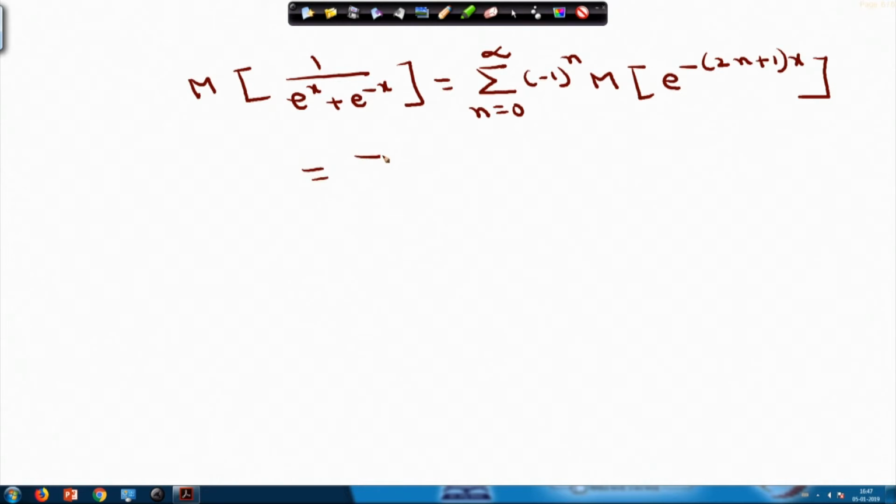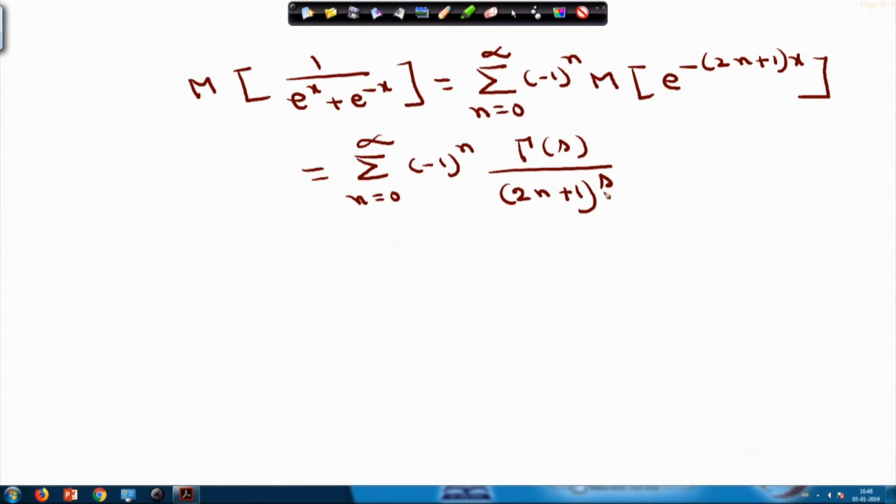And from the Mellin transform of e power minus ax, this equals summation n equals 0 to infinity, minus 1 to the power n, gamma s, where a is 2n plus 1. So, therefore, it will be 2n plus 1 whole to the power s. Once I write this, gamma s I can always bring outside.